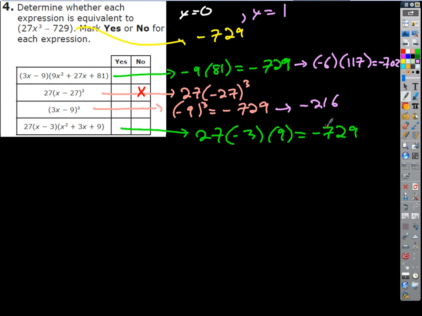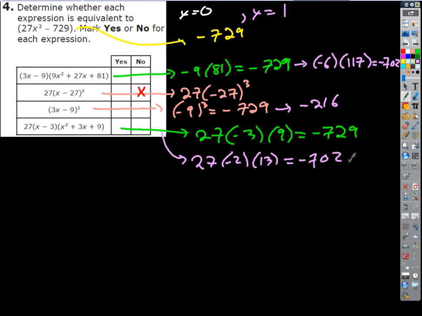If I plug in 1, I would get 27 times negative 2 times 1 plus 3 is 4, plus 9 is 13. So that's 27 times negative 26, and that would equal negative 702.